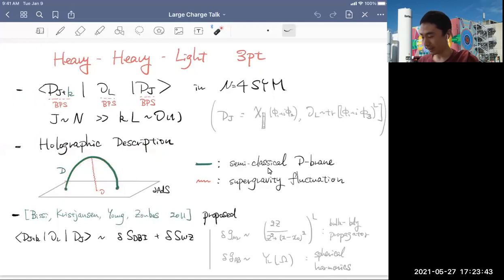And this problem was indeed studied back in 2011. They wrote down the formula which expresses this 3-point function in terms of the fluctuation of the DBI and Wess-Zumino action. And this deformation is sourced by this bulk to boundary propagator coming from this local operator. There is a similar fluctuation also for the sphere part.